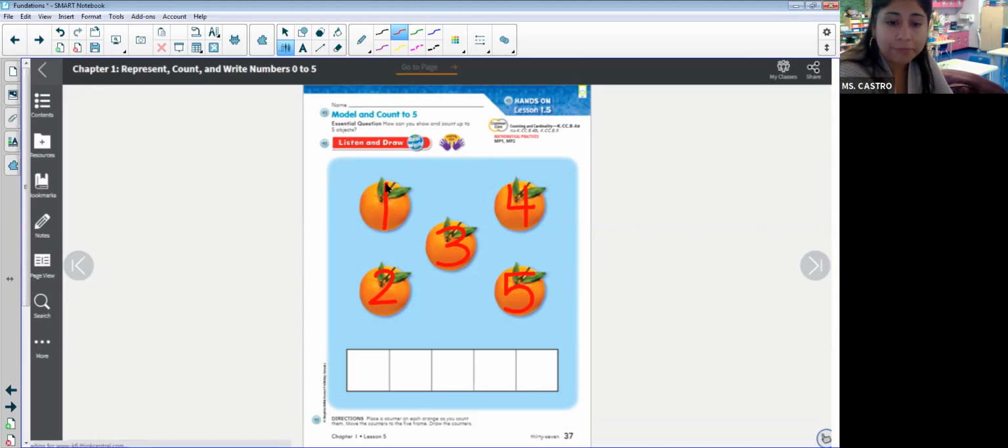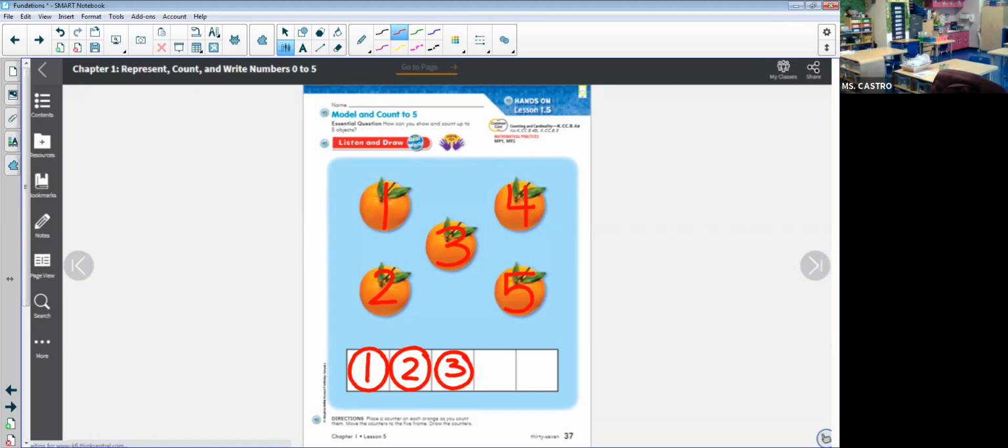So now I'm going to fill in the 5 frame to show that we have 5 oranges. So I'm always going to start in the first box of the 5 frame. 1, 2, 3, 4, and 5.